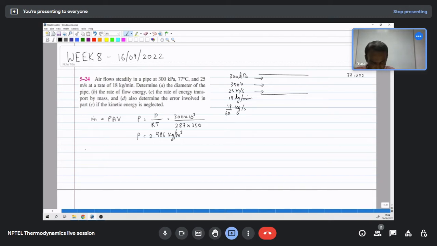I write down the values. 18 by 60 is m dot, rho is 2.986, and since it is a pipe, it is circular, so the cross section area is given by pi by 4 d square, and we have to find the diameter, and velocity is 25 meter per second. So diameter is the square root of 18 into 4 divided by 60 into 2.986 pi into 25. So this can be calculated.